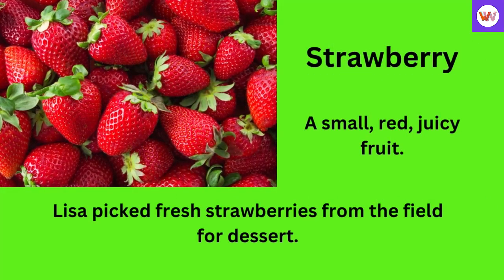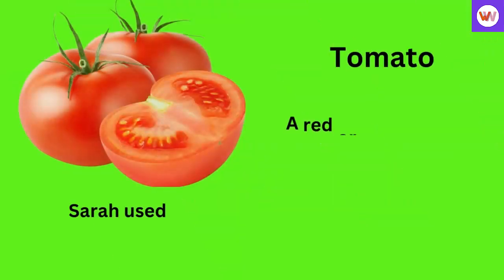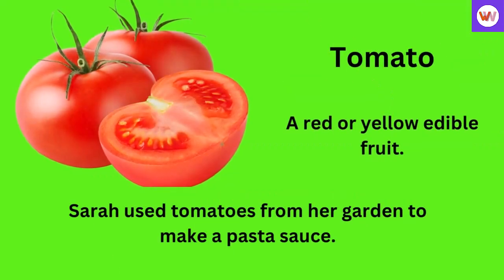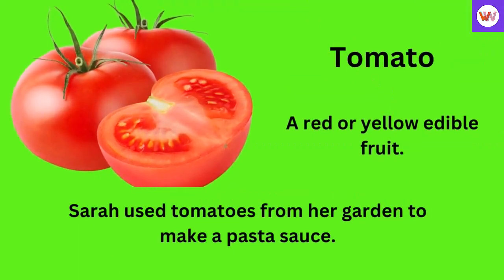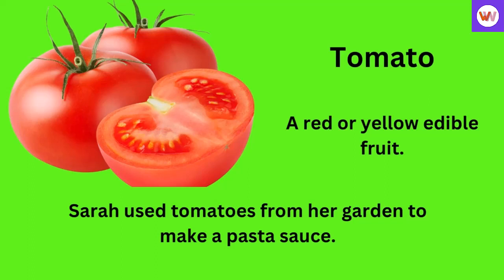Strawberry. A small, red, juicy fruit. Lisa picked fresh strawberries from the field for dessert. Tomato. A red or yellow edible fruit. Sarah used tomatoes from her garden to make a pasta sauce.